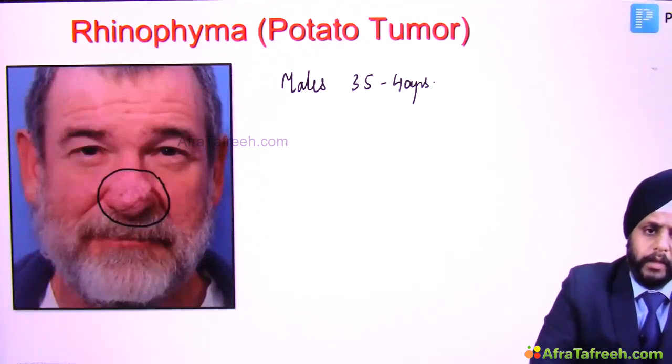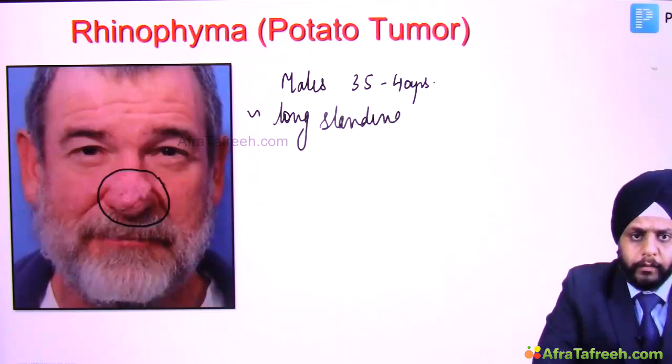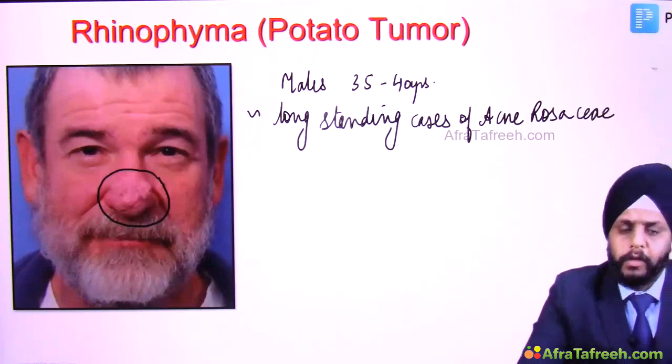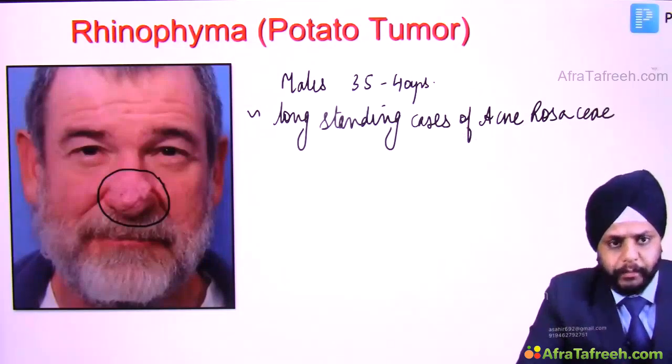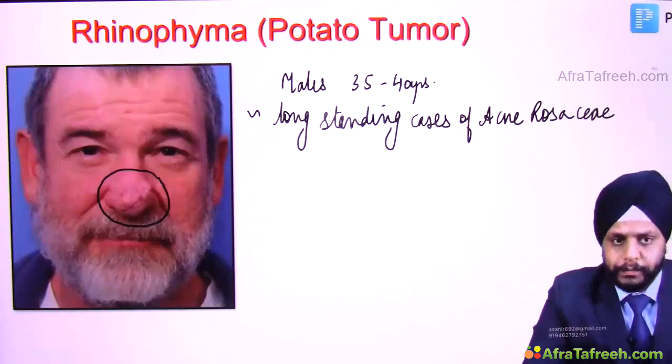Now what happens in these patients are generally long standing cases of acne rosacea. So these patients are long standing cases of acne rosacea. Now what happens in acne? In acne, the pilosebaceous duct gets blocked.